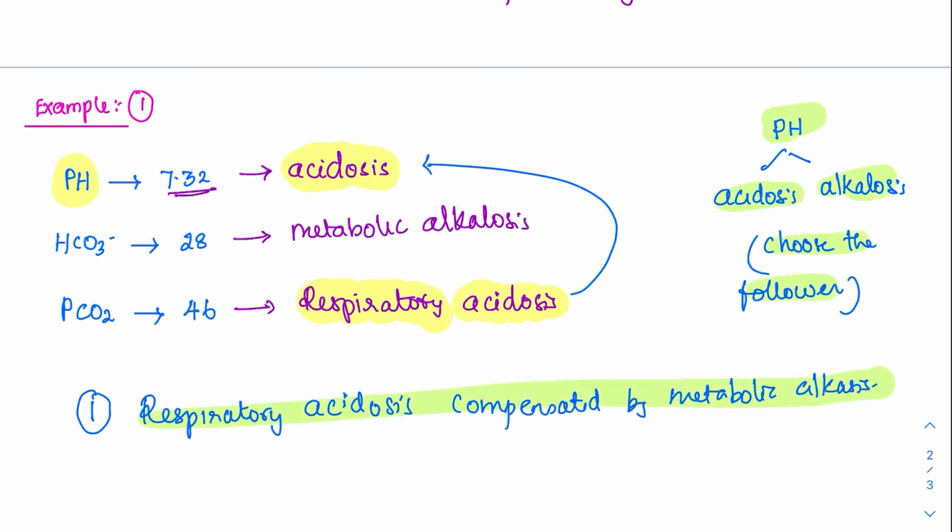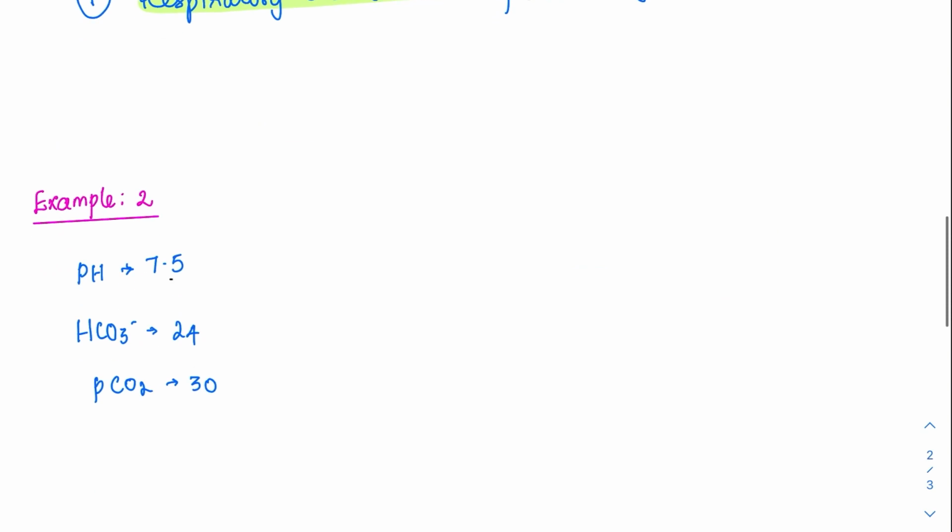Let's take another example. Here the pH is 7.5. Whenever it is more than 7.45, it is an alkalosis, so the primary disorder is going to be an alkalosis. Then bicarbonate is 24. It is normal. Then the CO2 level is less, so acid is not there.